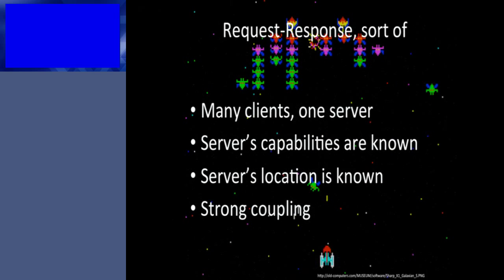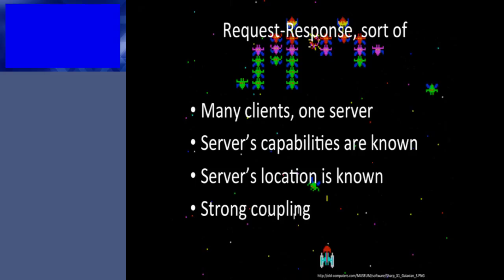So, a command message is a request from a client to a server to perform some action. In order to request anything from a component, the client has to know the capabilities of that component. The client has to know how to find that component, and that couples them significantly.